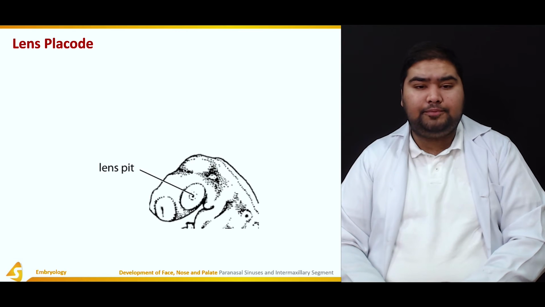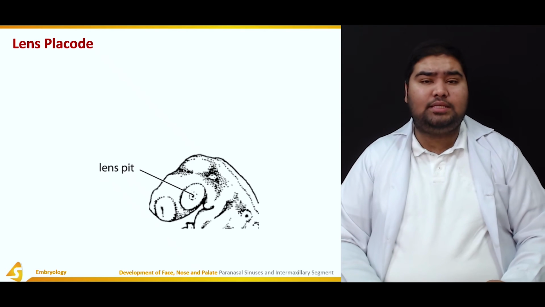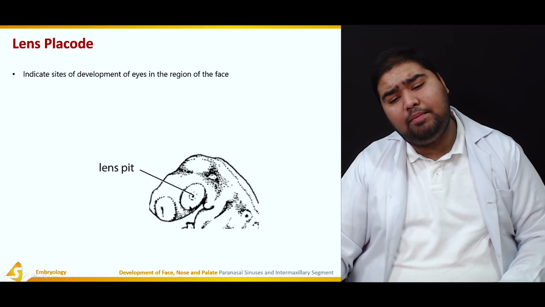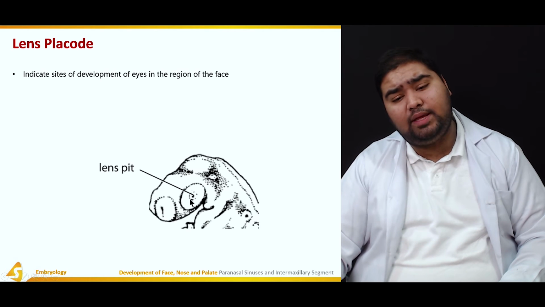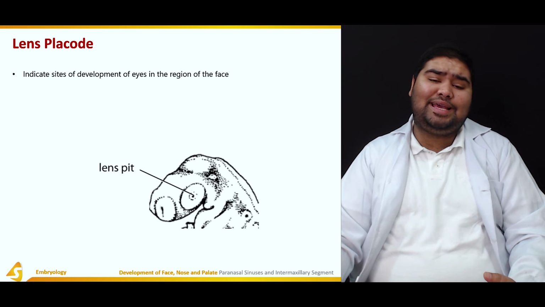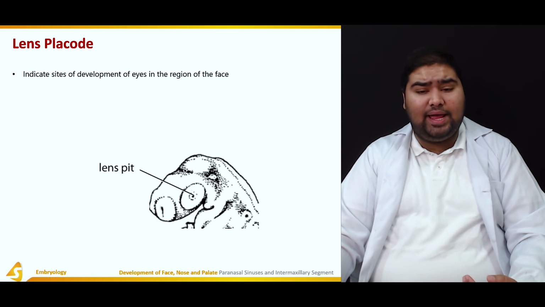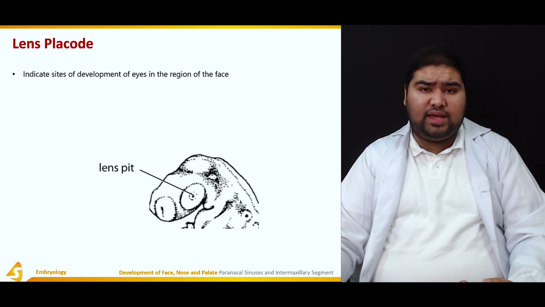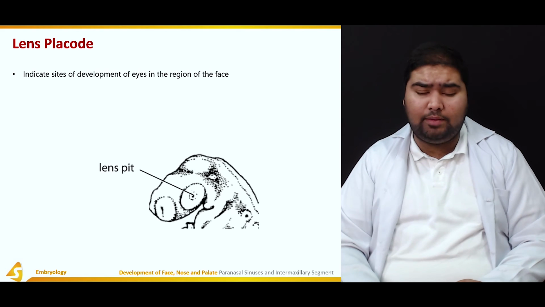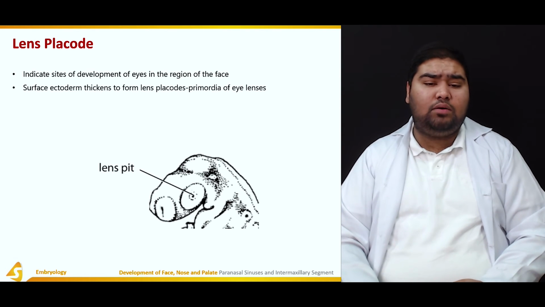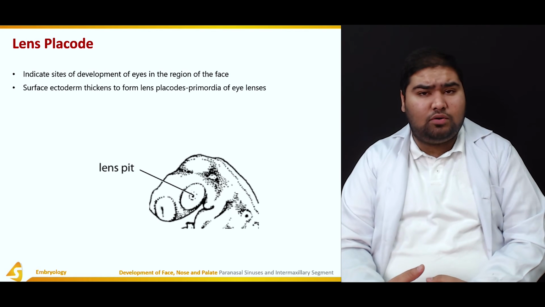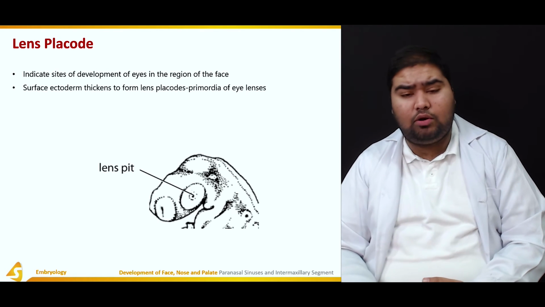Now let's talk about the lens placode. This is a developing embryo. This is the site of the stomodeum, and this is the lens placode. The lens placode initially indicates the site of development of the eye in the region of the face. At this region the eye would develop in the future. Surface ectoderm thickens to form the lens placodes, so they are ectodermal in origin.